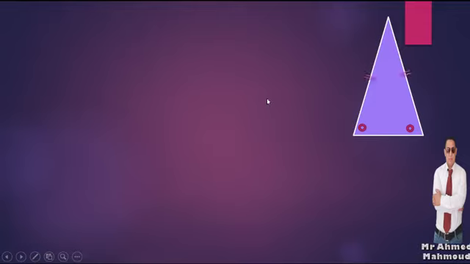Again, if we have a triangle in which two angles are equal, then the two sides opposite to these two angles are equal. In that case, the triangle is an isosceles triangle, and the side that includes the two equal angles is called the base, and the two equal sides are called the legs of this triangle.